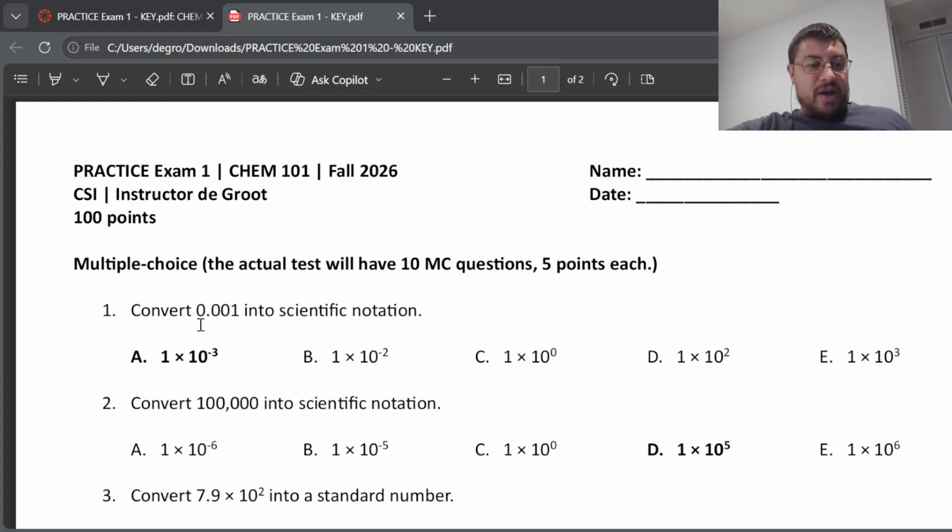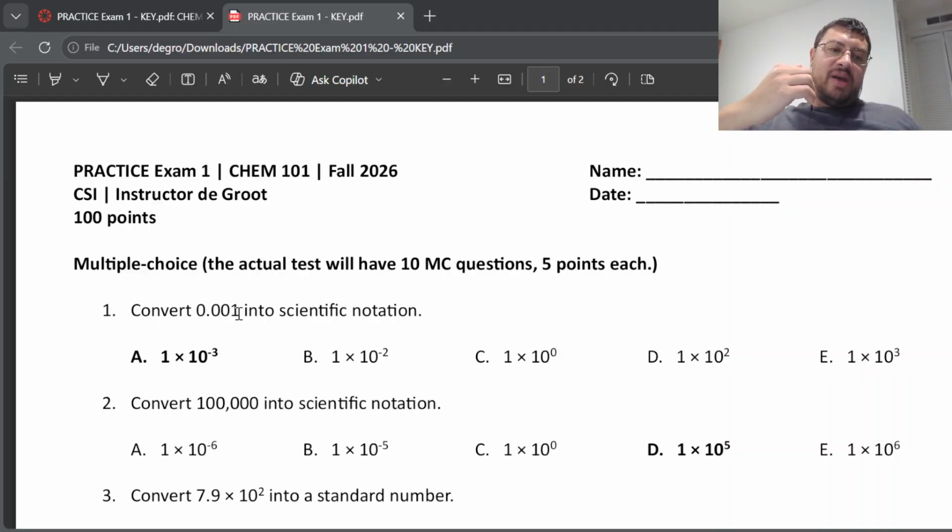Okay, so number one, convert .001 into scientific notation. If you look at the decimal point, it's over there. We can move it 1, 2, 3 times so that the decimal point is to the right of 1.